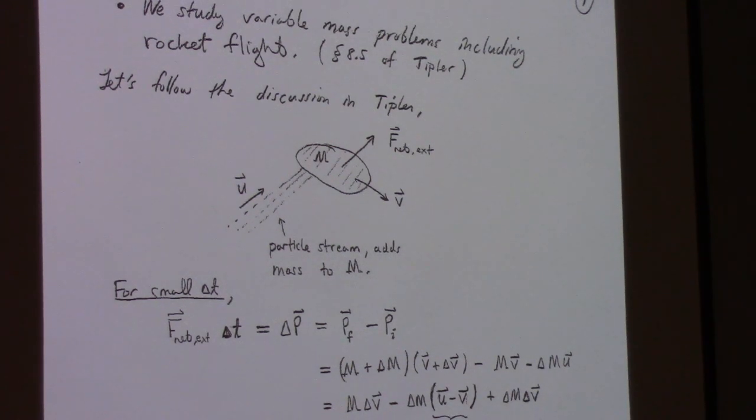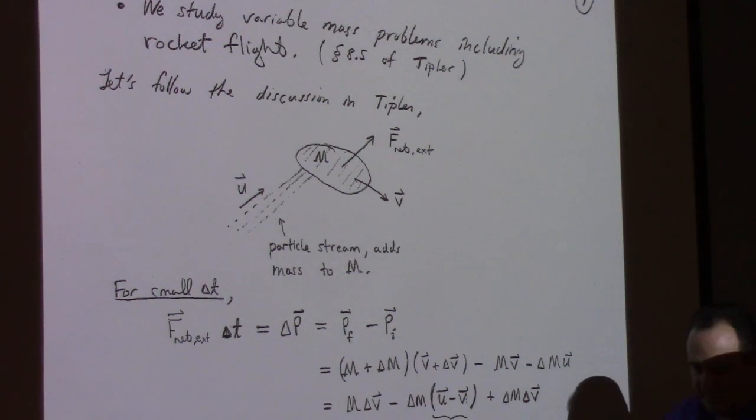So if you want to study the system, the mass is variable, and it's changing because of the injection of new mass, which has a velocity with respect to it, right? So in this situation, for small delta t, the change in momentum looks like this, and he works it out, based on the change in mass and the relative velocity.